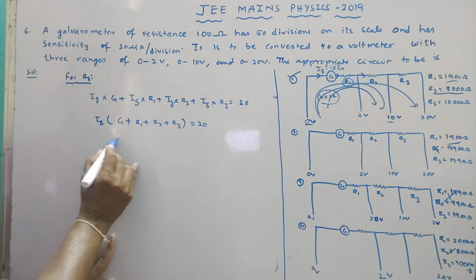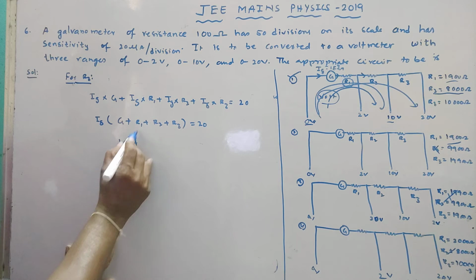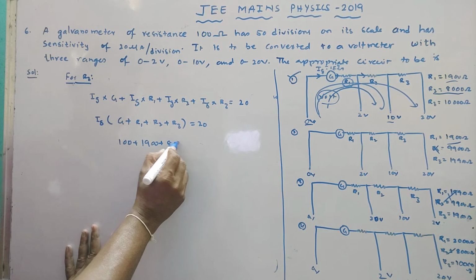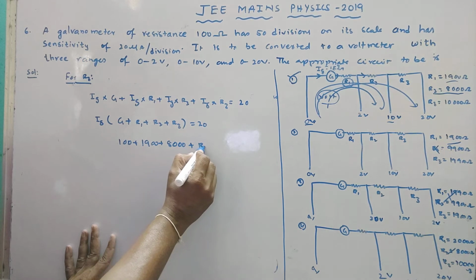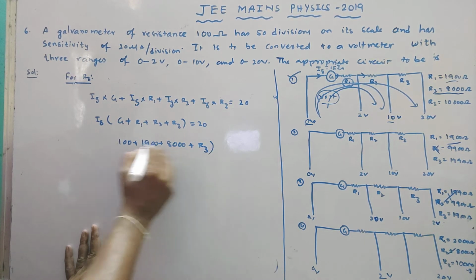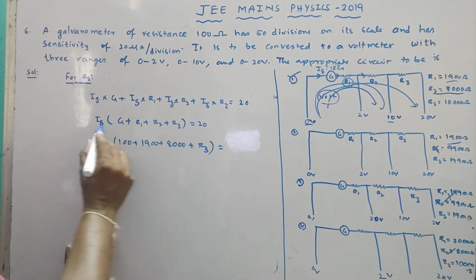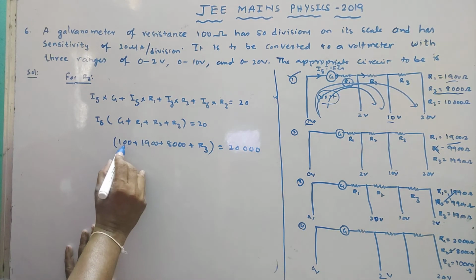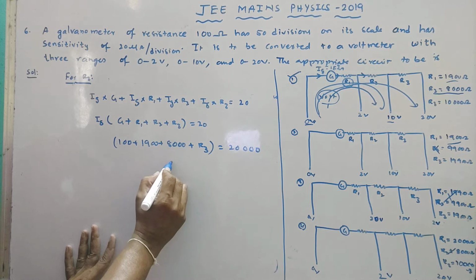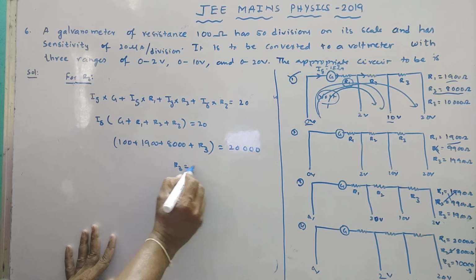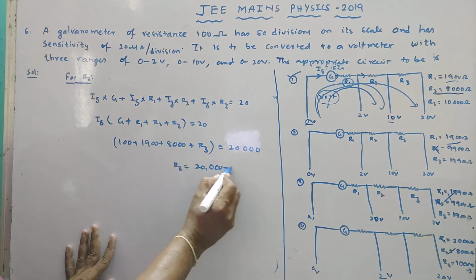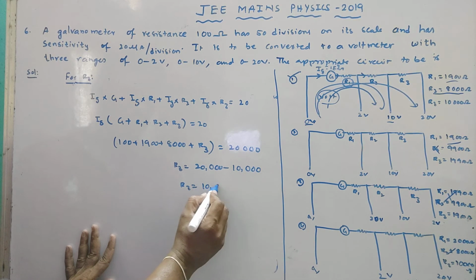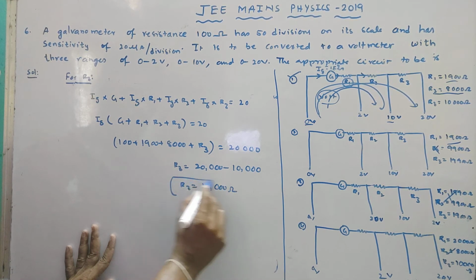So this is 10 power minus 3, G is 100, plus 1900, plus 8000, plus R3, which we want to calculate. 20 by 10 power minus 3 is 20,000. So 100, 2000, 10,000. So R3 equal to 20,000 minus 10,000. So finally you get 10,000 ohm.